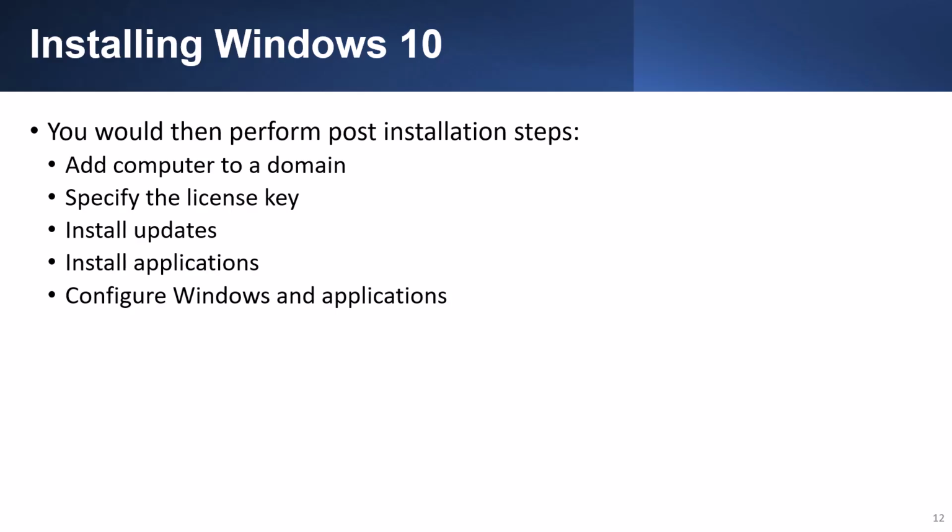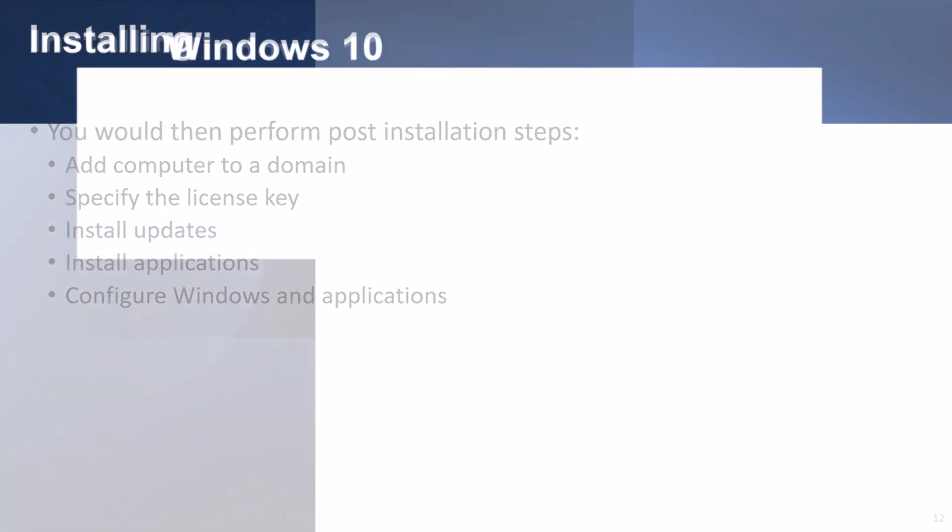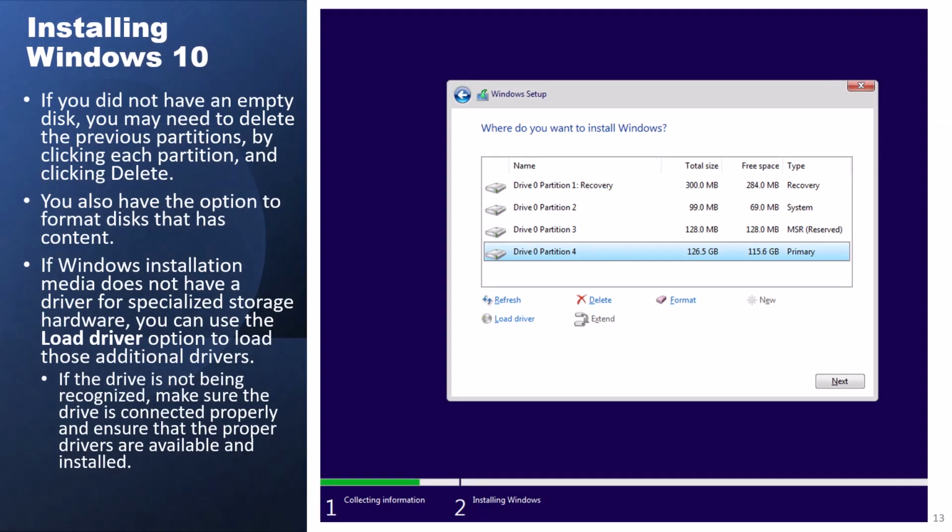You would then perform post-installation steps such as add the computer to a domain, specify the license key, install updates, install applications, and configure Windows and applications. If you did not have an empty disk during the installation process, you may need to delete the previous partitions by clicking each partition and clicking delete.